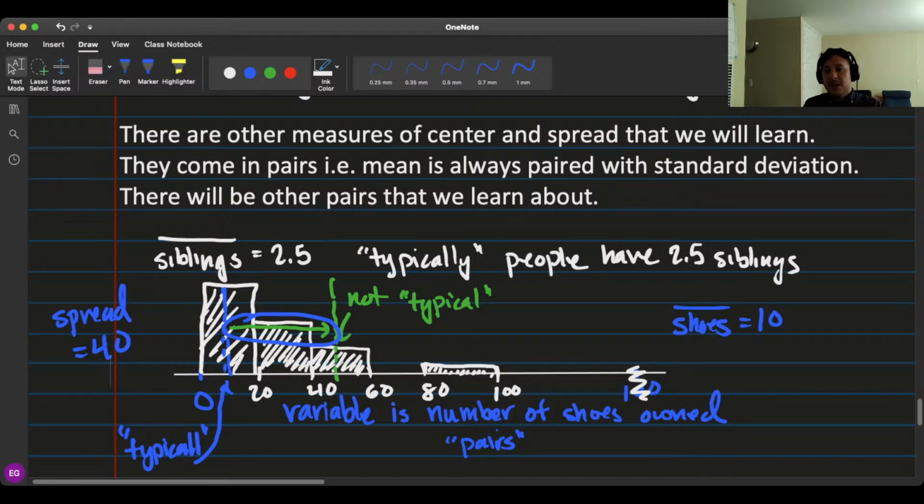Because you never get really more than 40 away from the center of 10. Obviously, there are people past there, but a majority of them are in that area. That's what we mean by how far away from typical do people usually go. Now, that doesn't mean that there aren't people who go past that, but most of them don't.